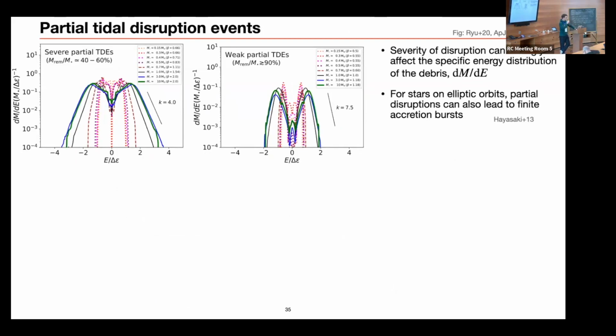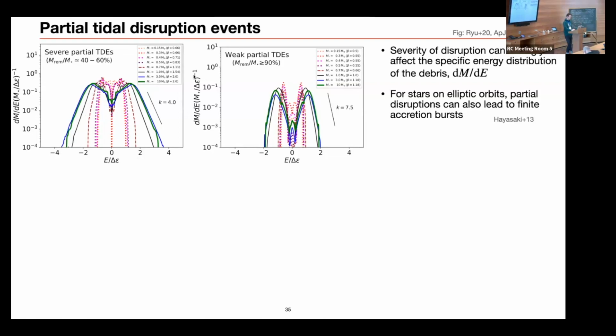And so then just to briefly touch on partial TDEs, there's quite a nice paper from Tejo Rio earlier last year where they look at the spread in the specific energy distribution. This is effectively the distribution of the specific energy in the debris.